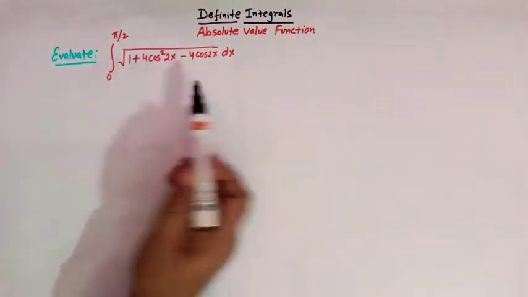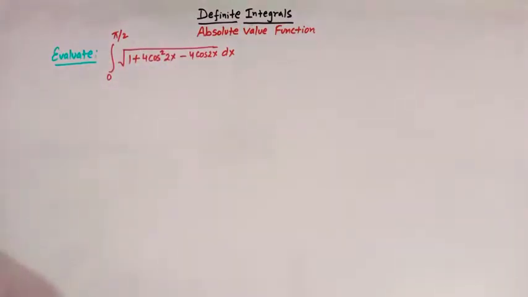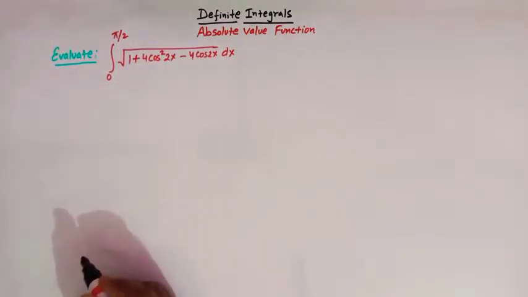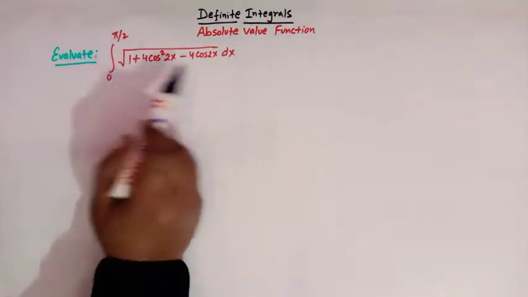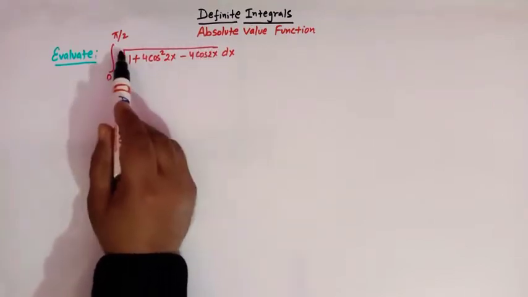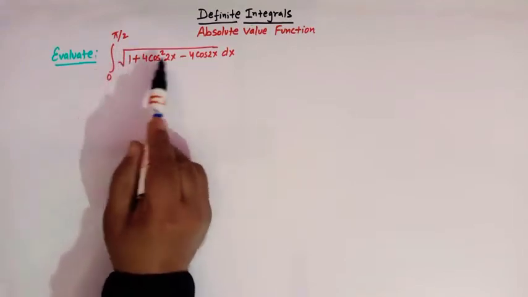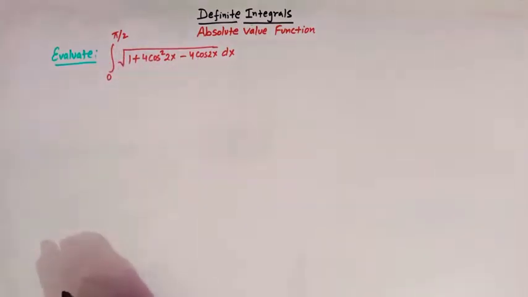When we proceed further, we'll see that this integral will reduce to a problem of definite integrals of absolute value function. So let us start. If we closely look at this integrand, we see that the term inside the square root sign can be expressed as a perfect square.